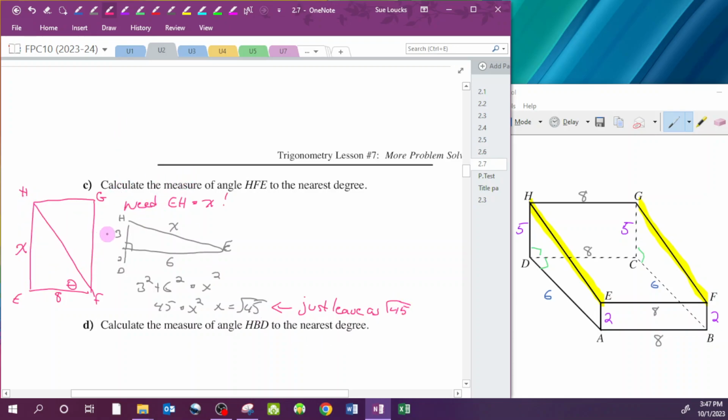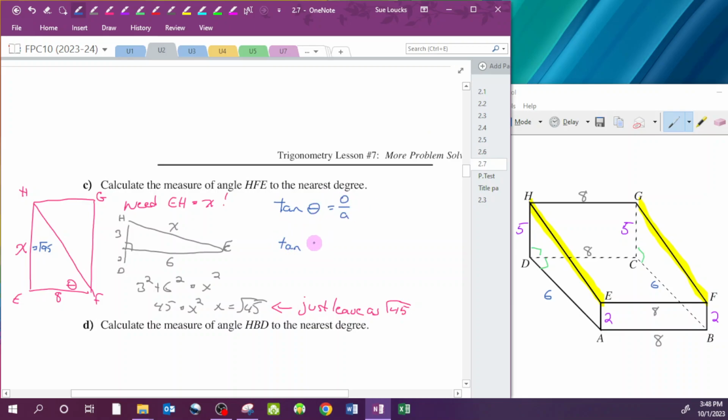So now we're back up here, and we can continue on because now we have a value for X. X equals root 45. And so now we want theta, and so we're going to use tangent. So tan theta equals opposite over adjacent.